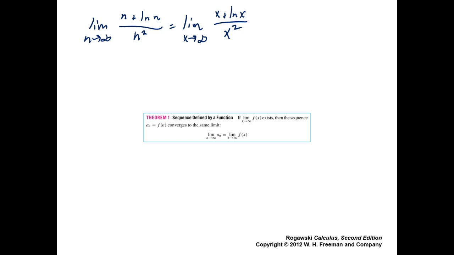If you plug in infinity, that'd be infinity plus log of infinity, both going to infinity, over infinity squared, which is infinity. So this is an infinity over infinity form you can't tell anything about. But there is a rule that you can use for 0 over 0 or infinity over infinity, and a couple of others.